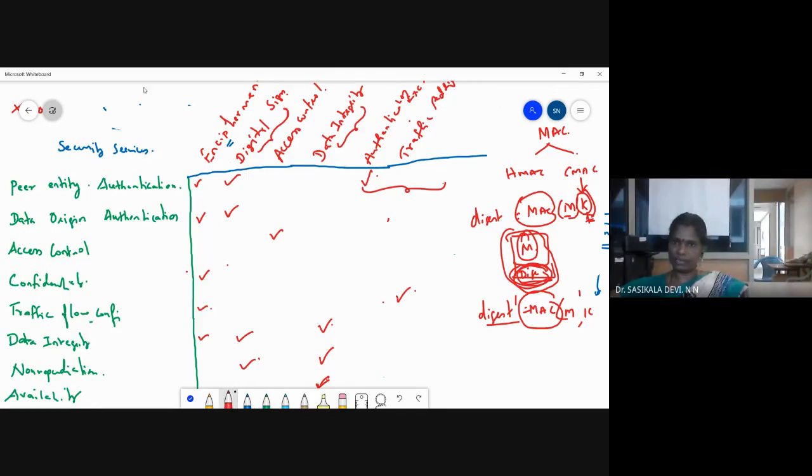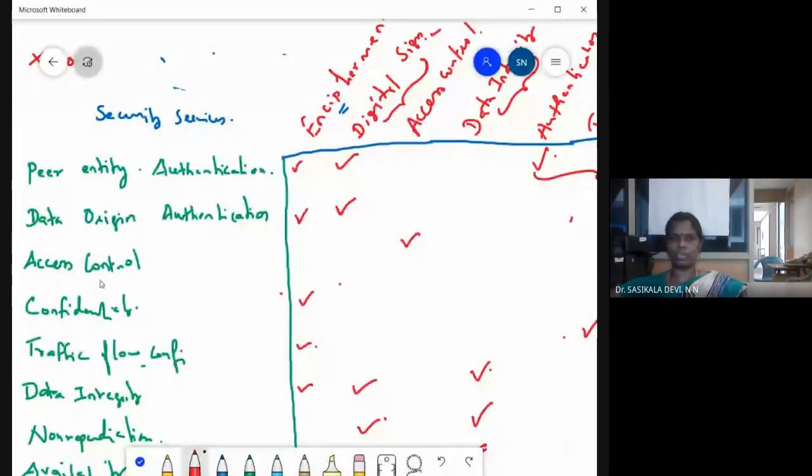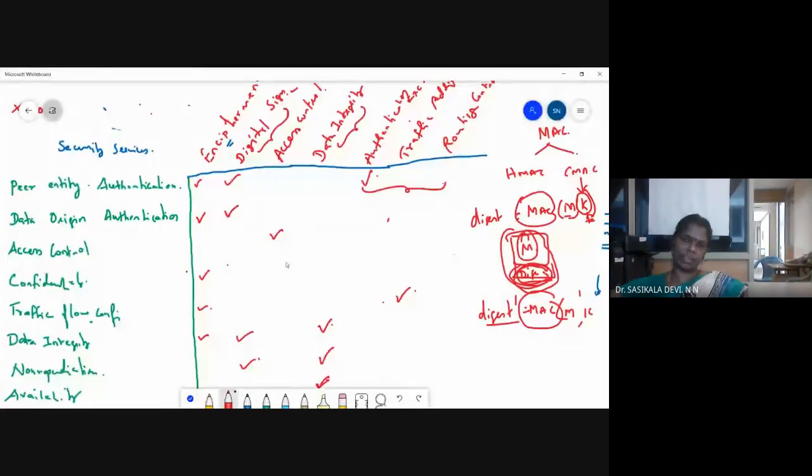You can decide which routers to use to transmit the data from one end to another end. So routing control is one type of algorithm suitable for securing the traffic. It provides confidentiality as well as traffic flow confidentiality.